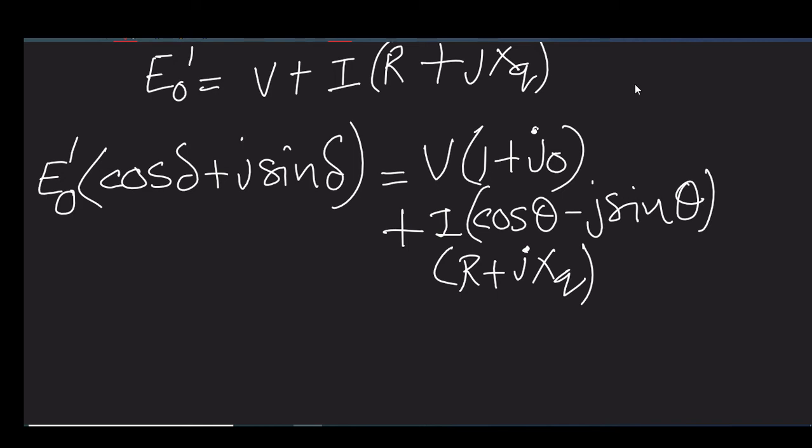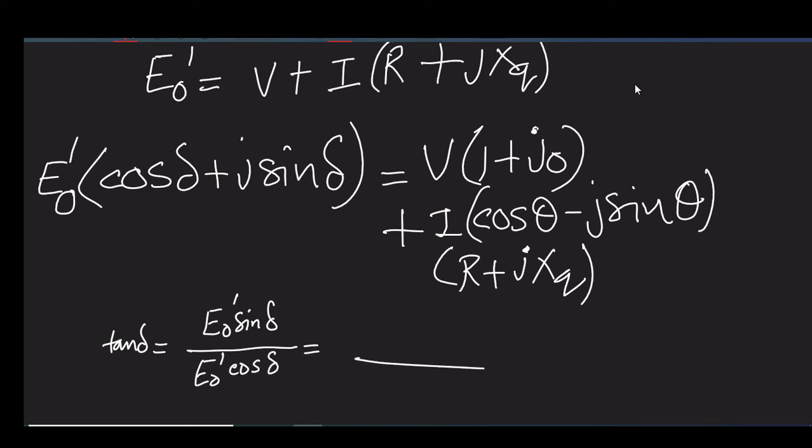So let us equate the imaginary and real parts. From that we can get tan delta, which is equal to E0 dash sin delta by E0 dash cos delta.